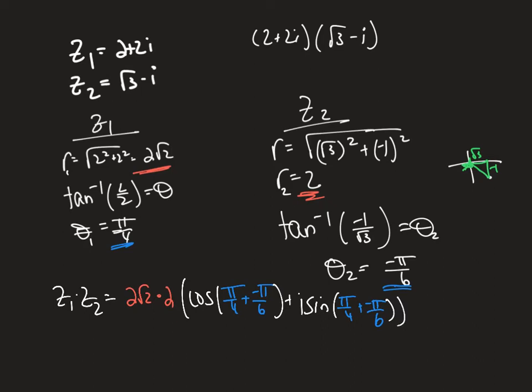So what ends up happening is you get 4 radical 2 times the cosine of pi over 12 plus i sine pi over 12.